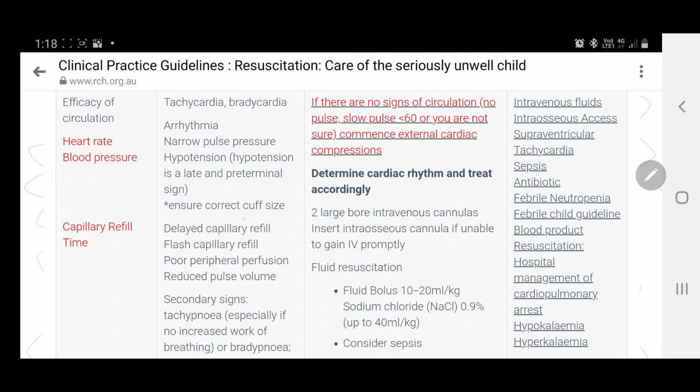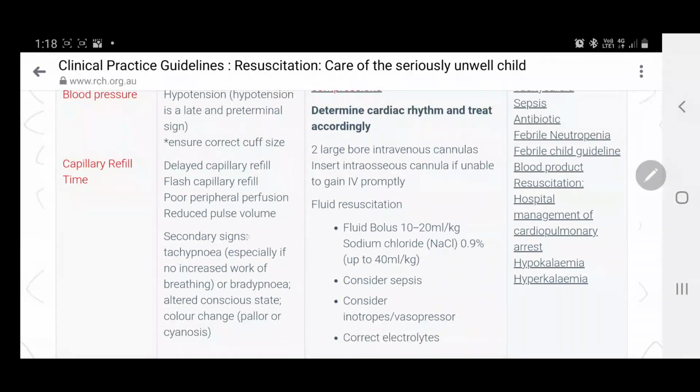We should ensure the correct cuff size, because children are not the same as adults. Delayed capillary refill, flash capillary refill, poor peripheral perfusion, reduced pulse volume. So these are the primary signs.